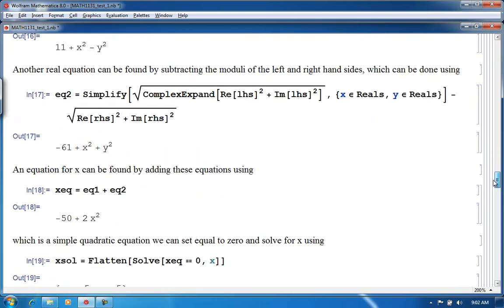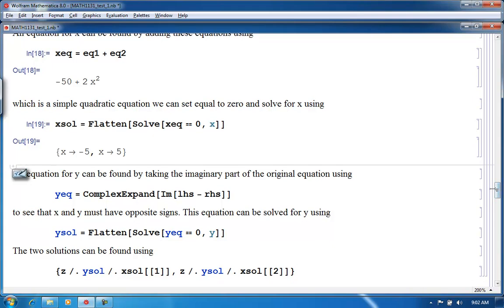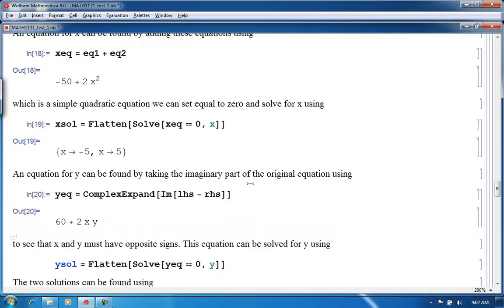So we subtract the imaginary parts, treating x and y as real variables, and we'll get that. Now you can see that this is 2xy plus 60 equals 0. So we can see immediately that the signs of x and y must be opposite.